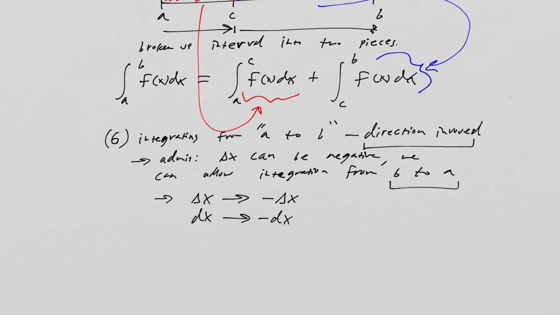So to clarify what we're saying here, if I take the integral from a to b of f of x dx, I can rewrite it as the negative of the integral from b to a of f of x dx. Likewise, we can reverse this around.